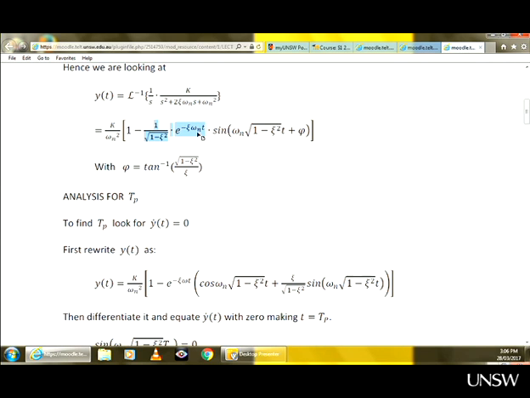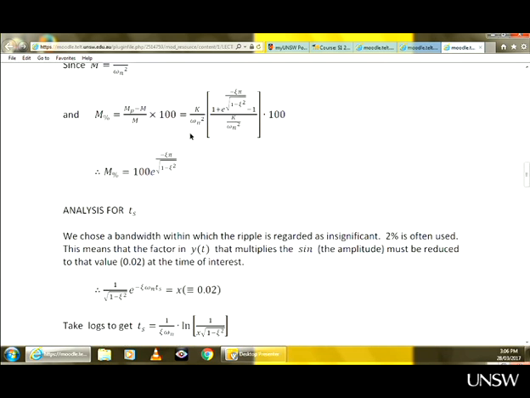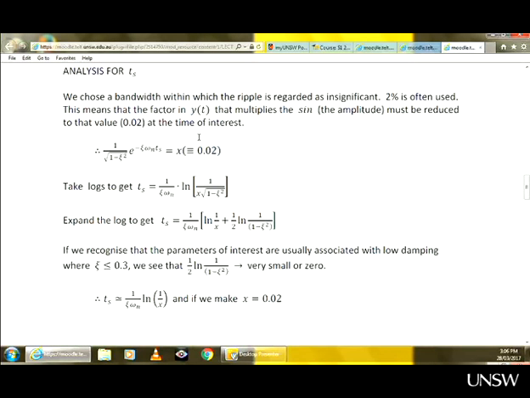Remember we decided that X is 0.02. In a more general case, it can be different. It doesn't have to be 2%. But if it is 2%, then this analysis is correct.